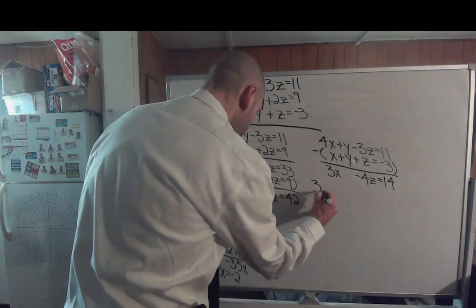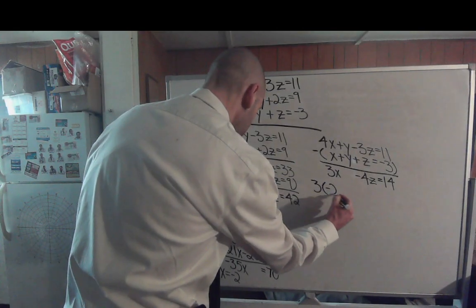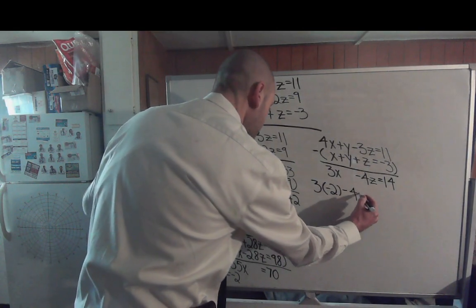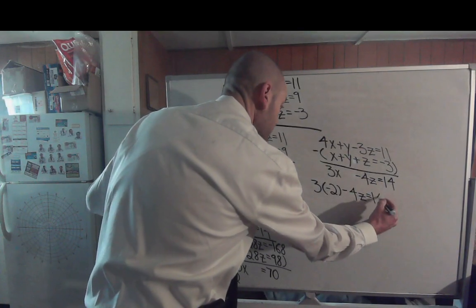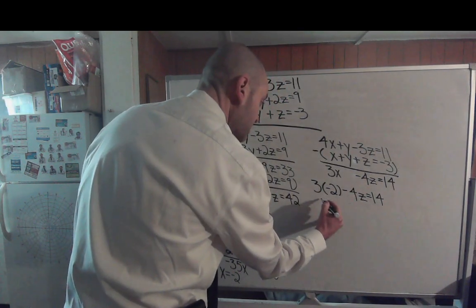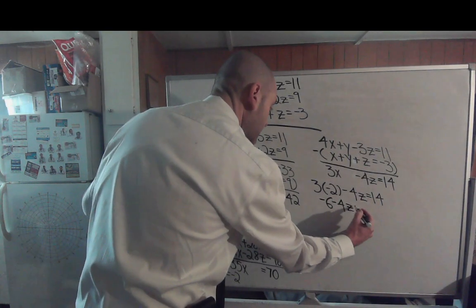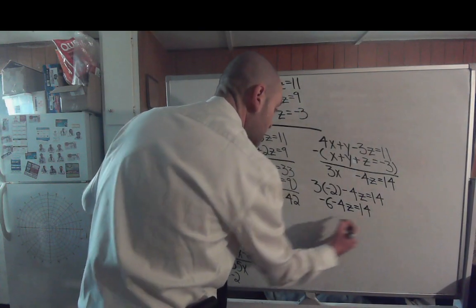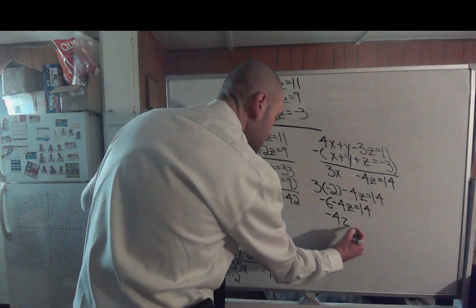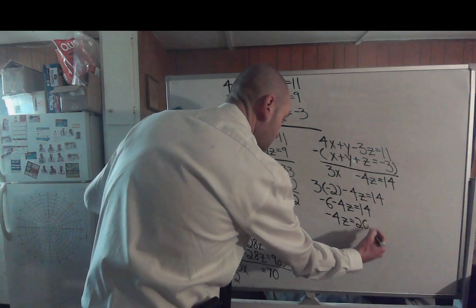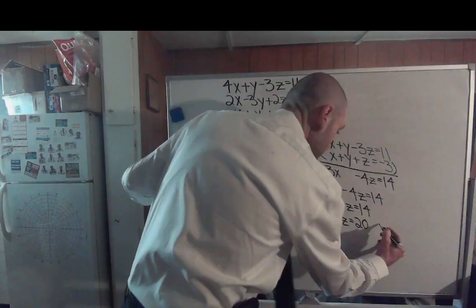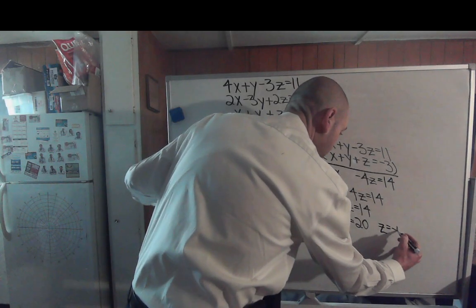So if I take 3 times negative 2 minus 4z equals 14, I'll end up getting negative 6 minus 4z equals 14, which gives me negative 4z equals 20, and then simply put, z would equal negative 5.